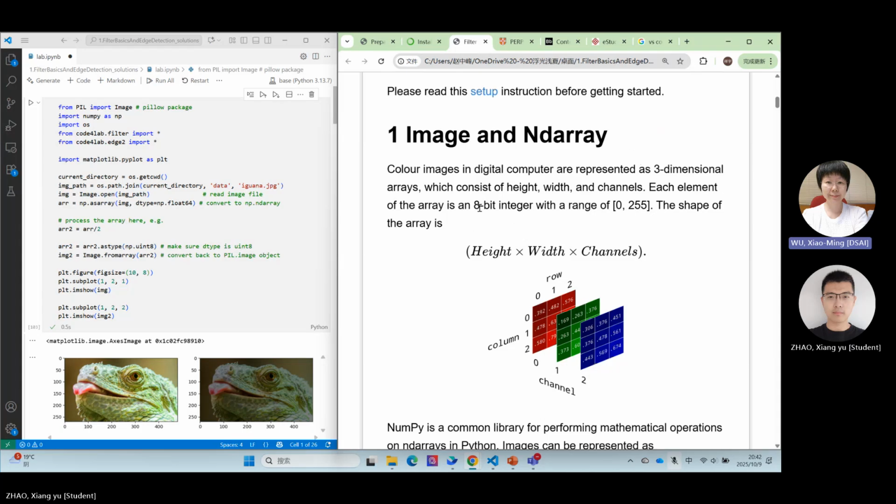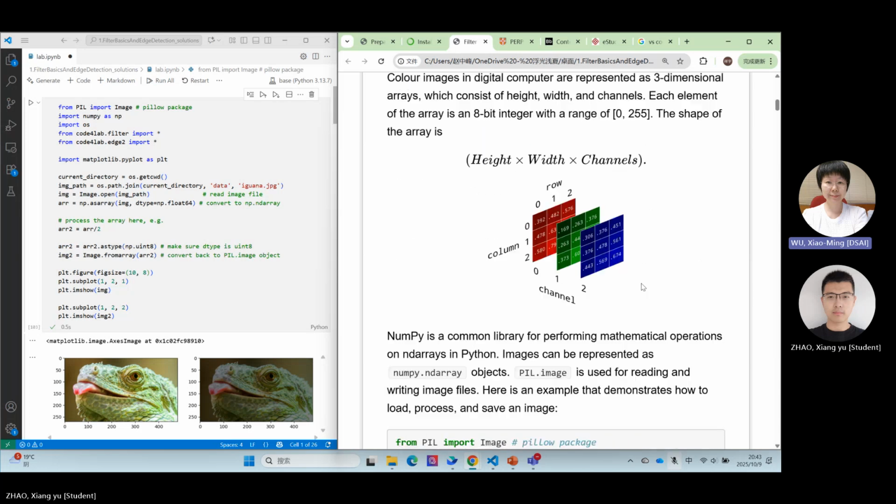It consists of height, width, and channels. Each element of the array is an 8-bit integer with a range from 0 to 255. The shape of this example is the shape of the array. From the example, we can see if the number is small, the color is darker, and if the number is big, the color is lighter.